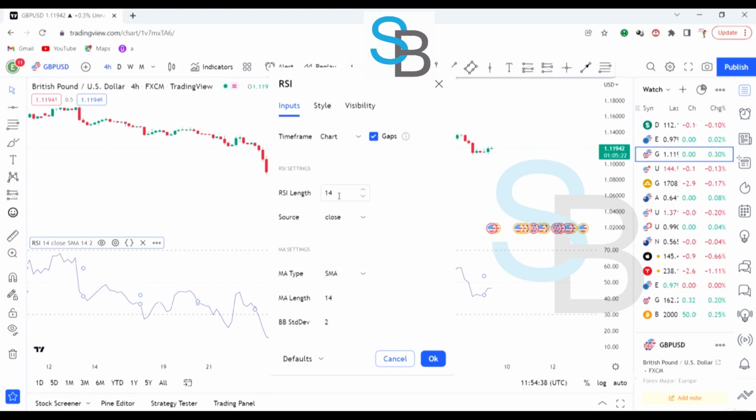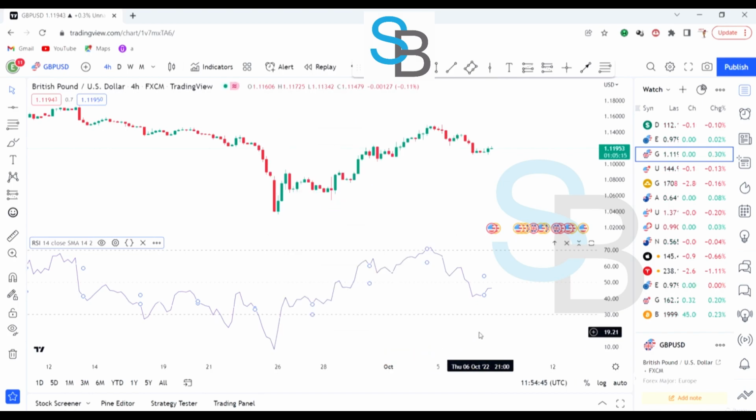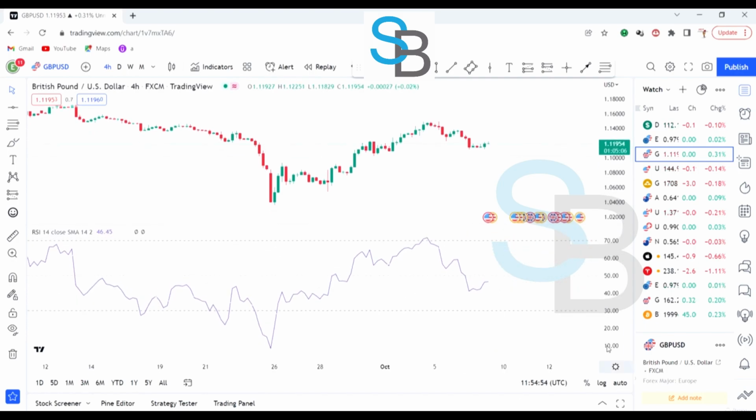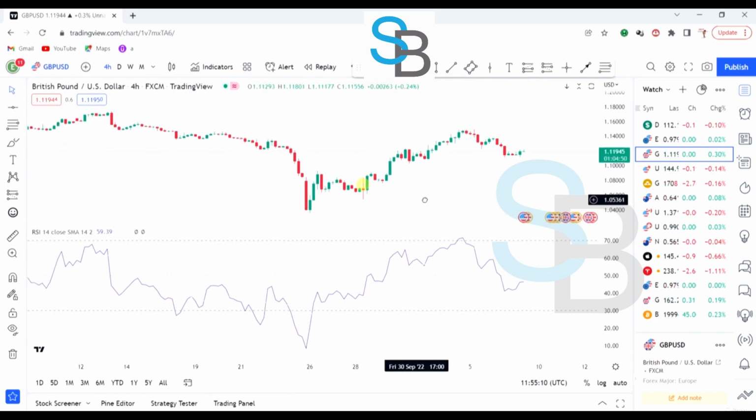So the period is 14, so it's looking at the last 14 candles and looking at their momentum, and then plotting a graph below our charts, a graph of 0 to 100. This graph of 0 to 100 is basically the graph of their momentum.